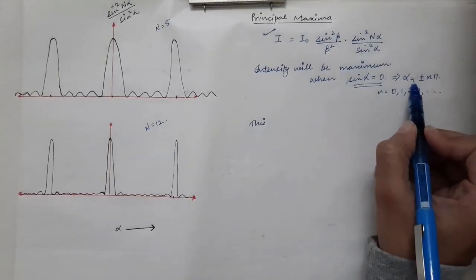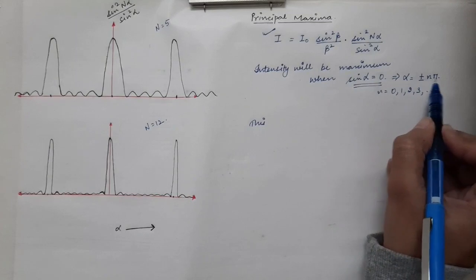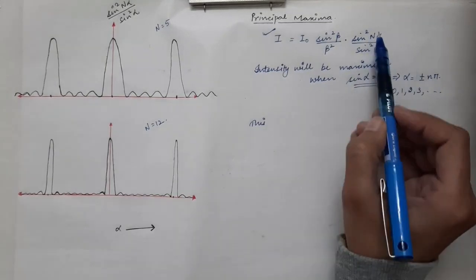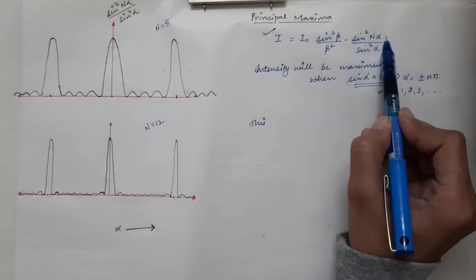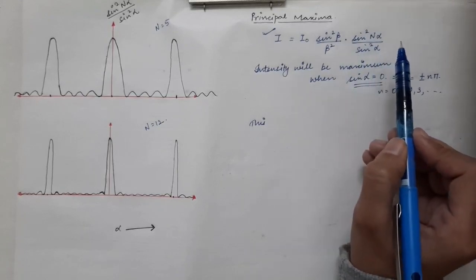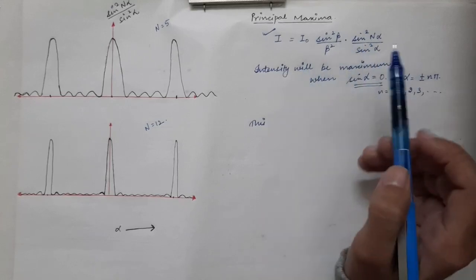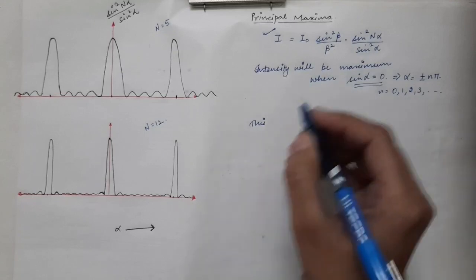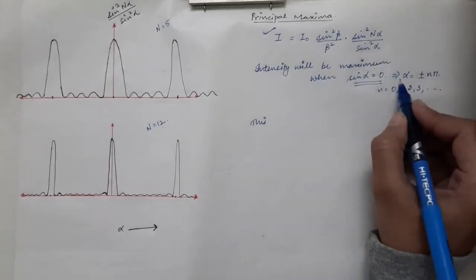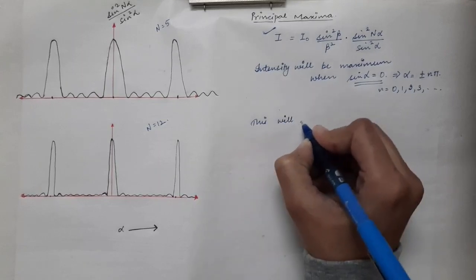So if alpha is equal to 0, you will get 0 over 0. And similarly for the other values of alpha, that is plus pi, minus pi, plus 2 pi, minus 2 pi, in all those cases the numerator will be 0 as well as the denominator will be 0. So how do we find the value of maximum intensity?